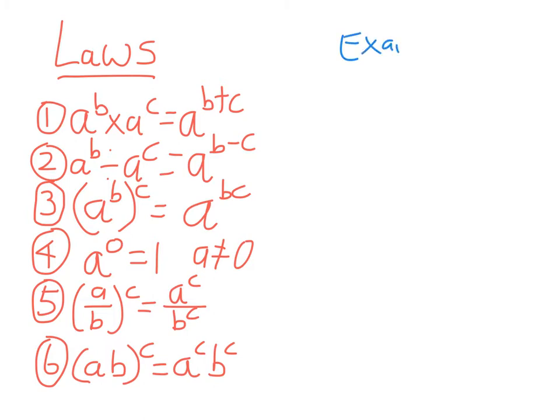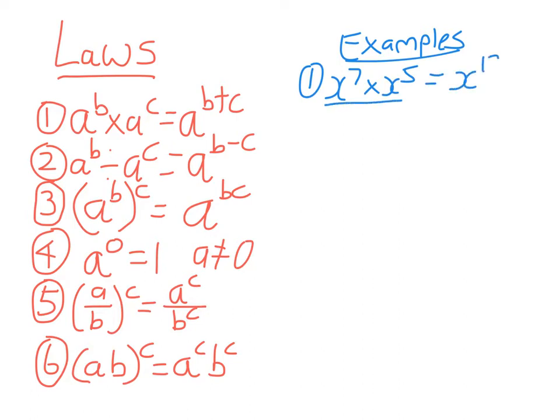Let's look at some examples. We'll start off with some really easy ones. I'm going to write all my answers in index form, except where I can evaluate. First example: x to the power of 7 times x to the power of 5. I'm multiplying bases together, so that is just x to the power of 12.